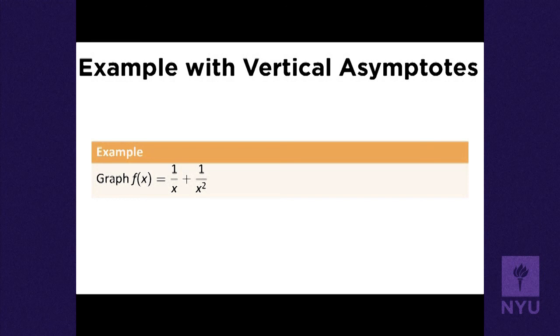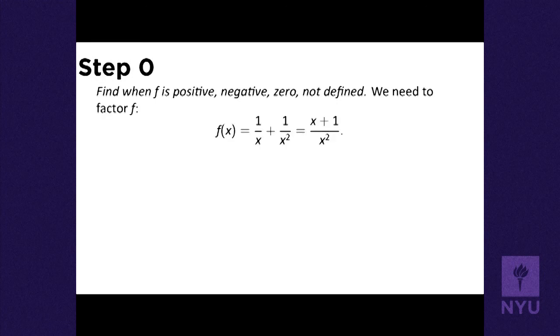Also goes to 0, because this thing goes to 0 and this thing goes to 0. So we know we have a horizontal asymptote at the x-axis. We probably have a vertical asymptote. As x goes to 0 from the right, we have positive infinity. So there's a vertical asymptote on the y-axis as well.